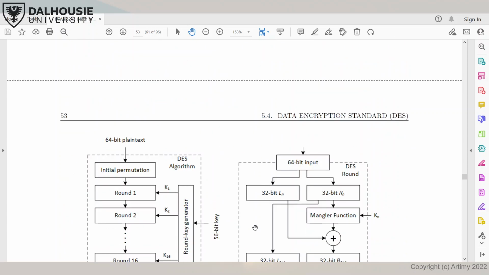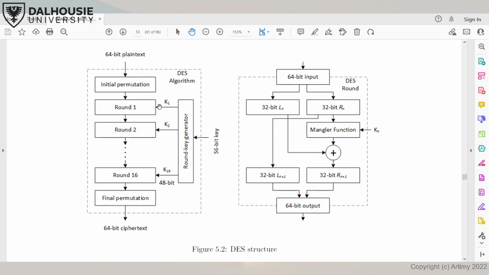Okay, then after that, we will pass this to round 1. So what happens in round 1? Round 1 has this picture here in detail, and each round will have the same procedure. The 64-bit input is split into two, 32 bits to the left and 32 bits to the right.